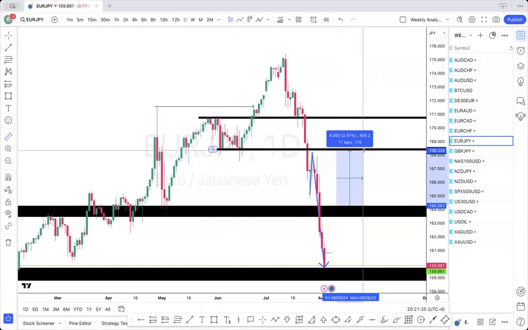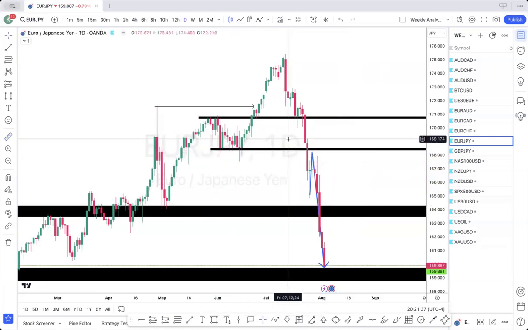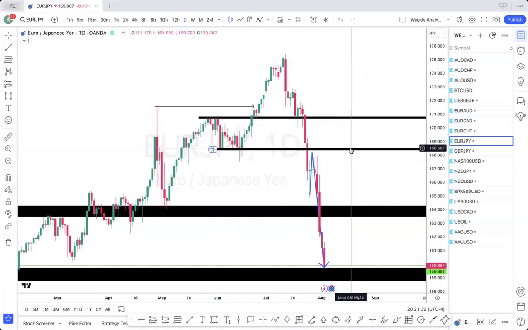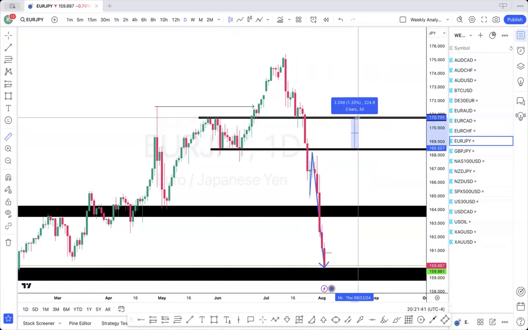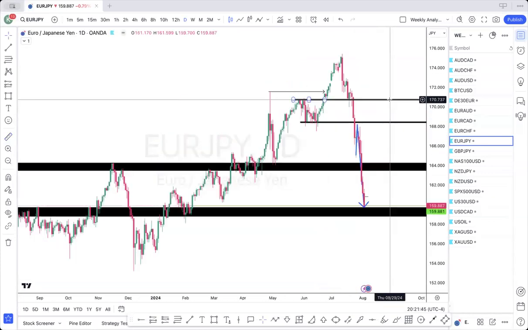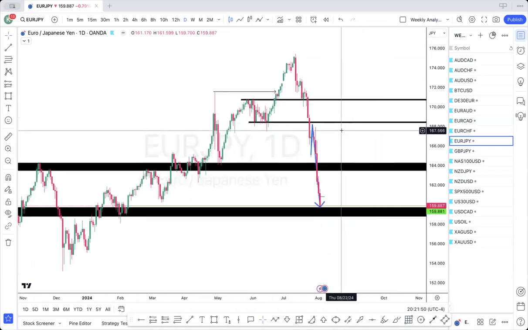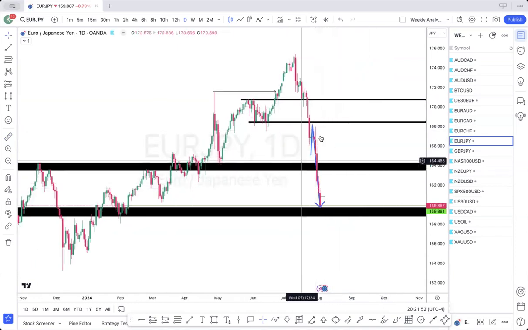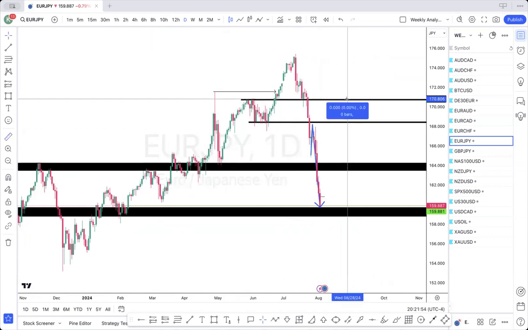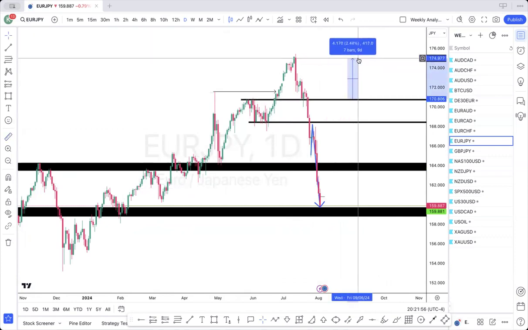And if price breaks above that and you want to go from here to here, that's 200 pips. And then if price breaks above that, then you want to go from here to here. Okay, so that is the zone to zone strategy.